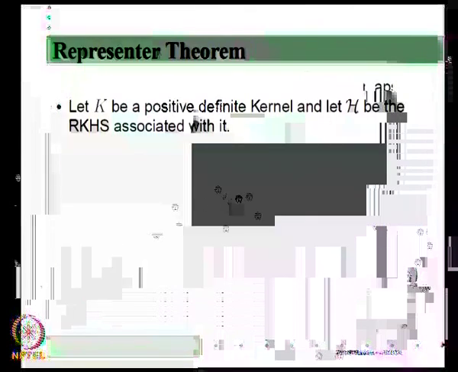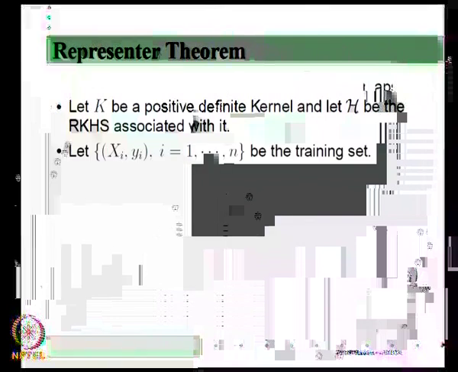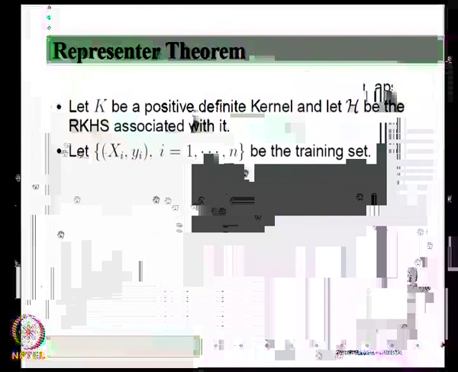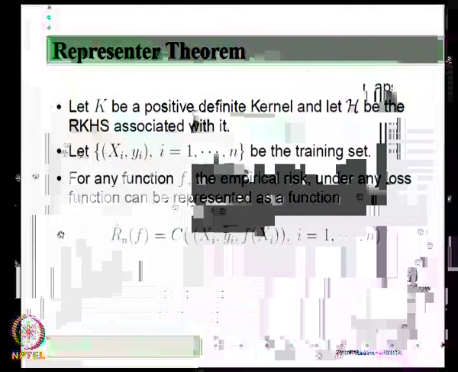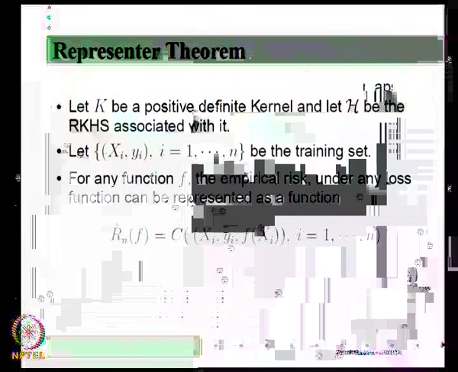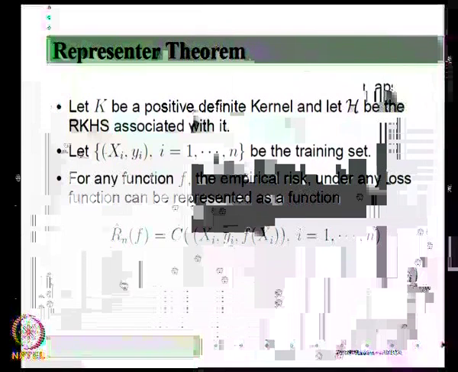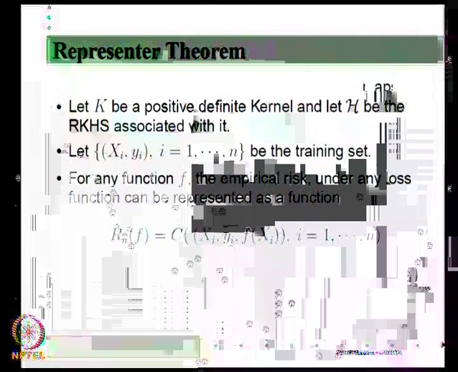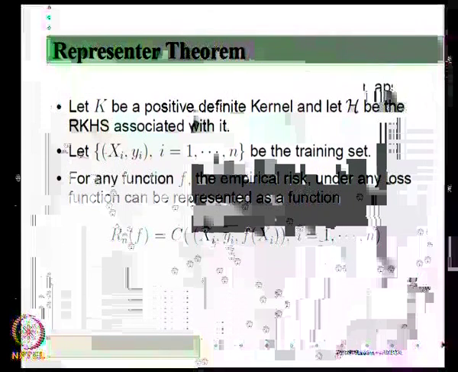Let K be a positive definite kernel and H be the associated RKHS, and (x_i, y_i) be the training data set as earlier. Now, given any function f, suppose I want the empirical risk under this training data set. So, empirical risk depends on some loss function L of y_i, f(x_i), whatever. No matter what the loss function is, the empirical risk ultimately depends on x_i, y_i, f(x_i) for i equal to 1 to n.